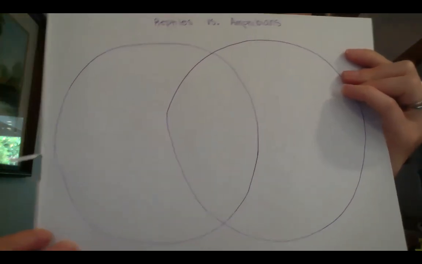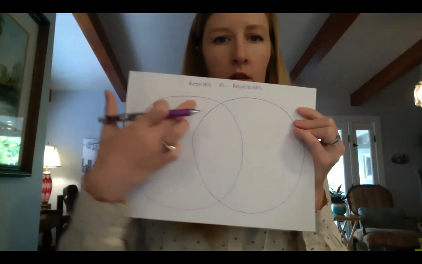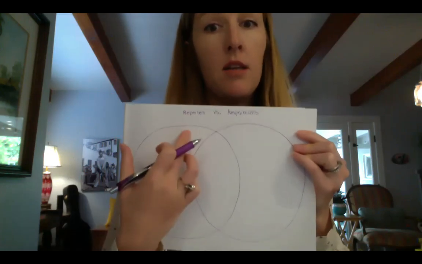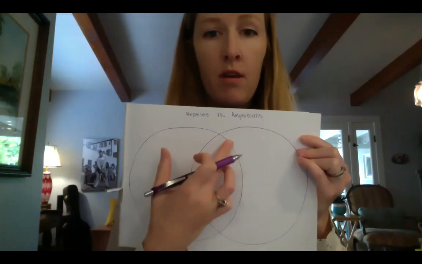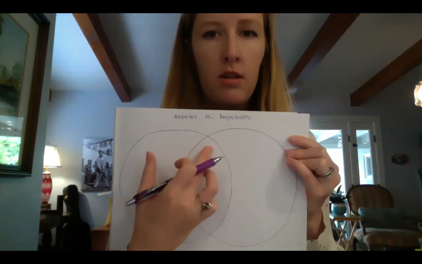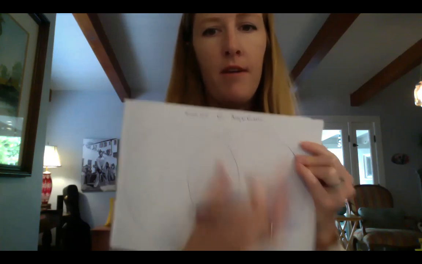And then I'm going to label each section. So at the top, I'll write reptiles. Again, I'll underline it, and then amphibians, also underlined.